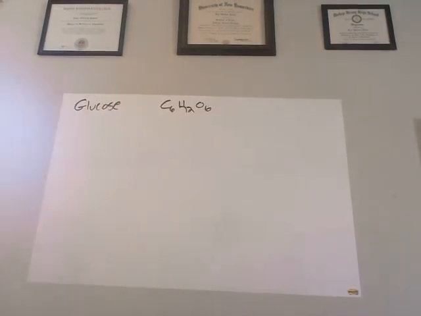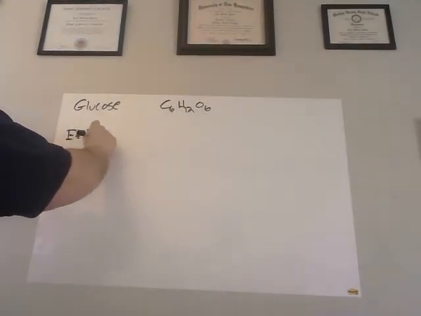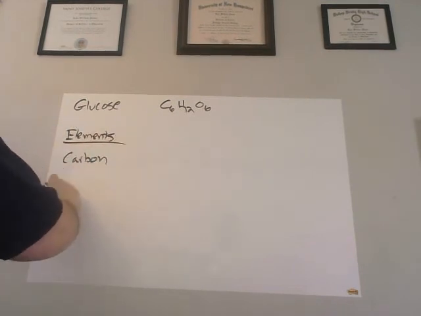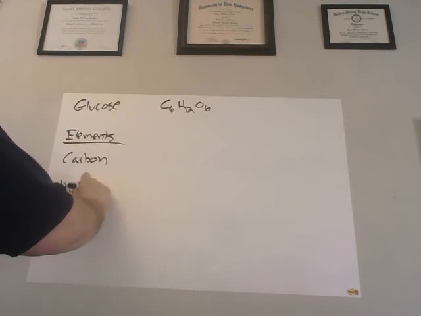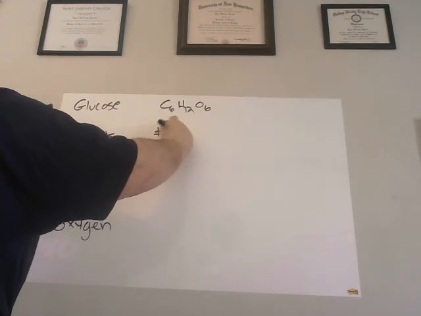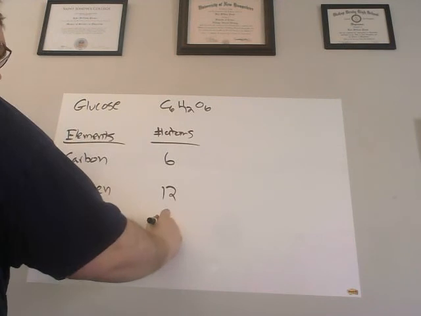So, I'm going to use that same chart, but however you want to do it, you can do it. So we have elements. We have carbon, hydrogen, and oxygen. Number of atoms. We have 6, 12, and 6.